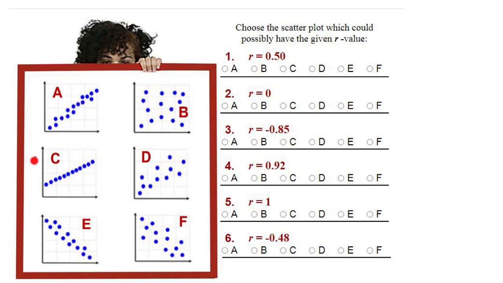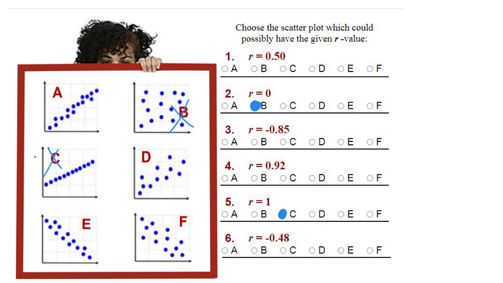So if C is my strongest, and I have a number that is 1, well, that's going to be considered perfectly linear, which is basically what C is. So C is going to match up best with a correlation coefficient of 1. Now, with the same reasoning, if I know B was my weakest and 0 is the closest to 0 we get, then an R value of 0 has to match up with B.